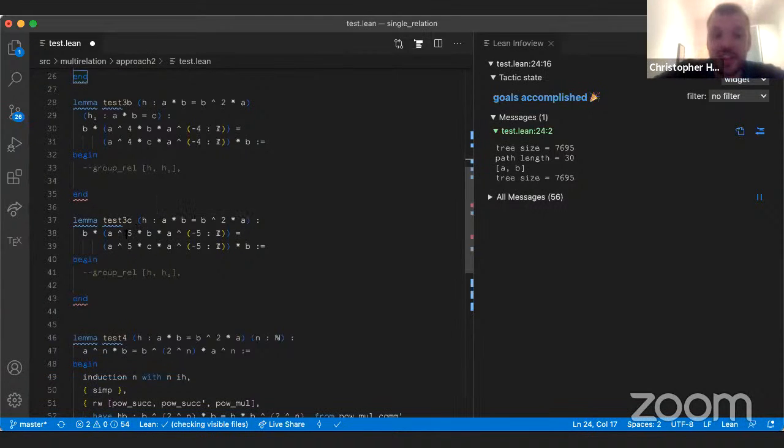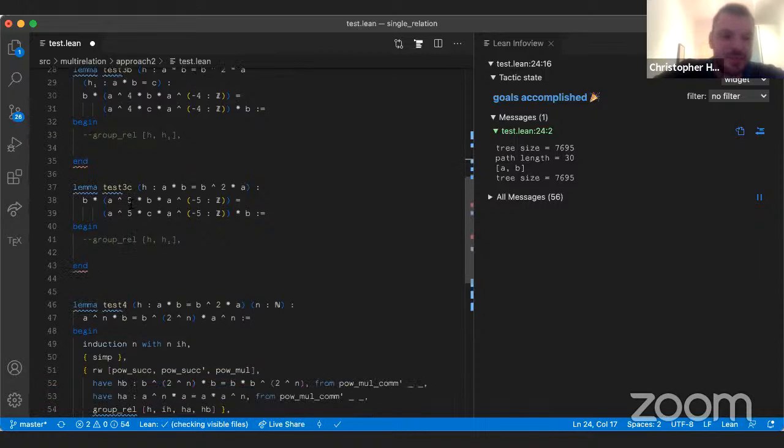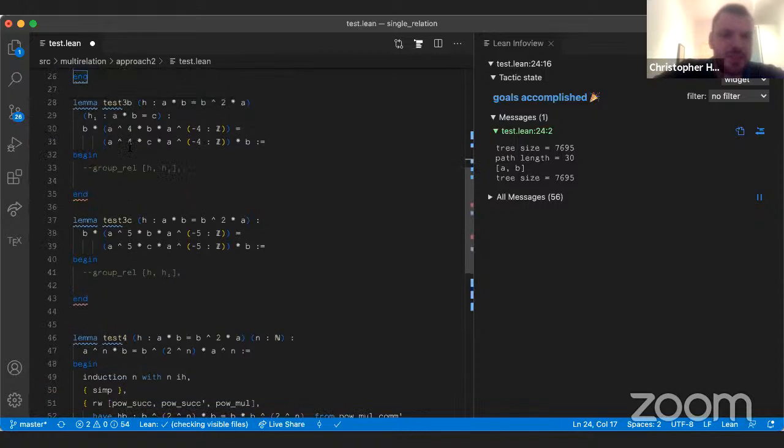It can't do test 3C, which is quite tough. These ones are really quite difficult because you've got to actually make the word a lot longer to prove this. The reason this is true is because a to the 5 times b times a to the minus 5 is equal to b to the power 32, and that of course commutes with b.